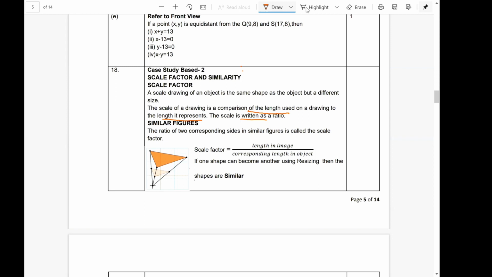If one shape can become another using resizing, then the shapes are similar. So these minute points you should note down. It may be there in one part of the subdivisions. Then other cases are there where we take similarity in.